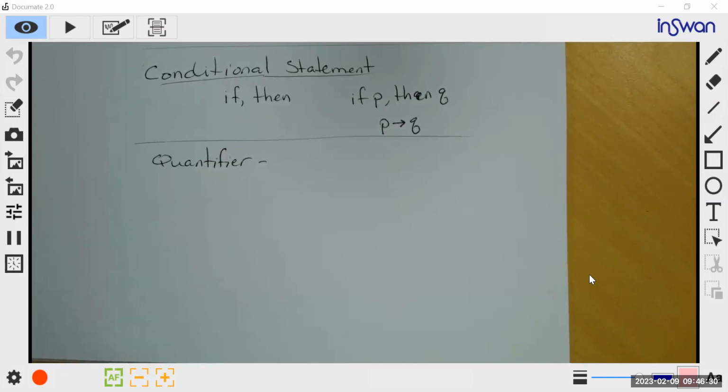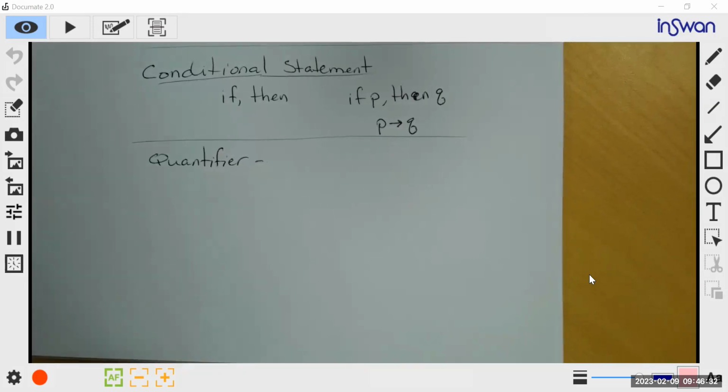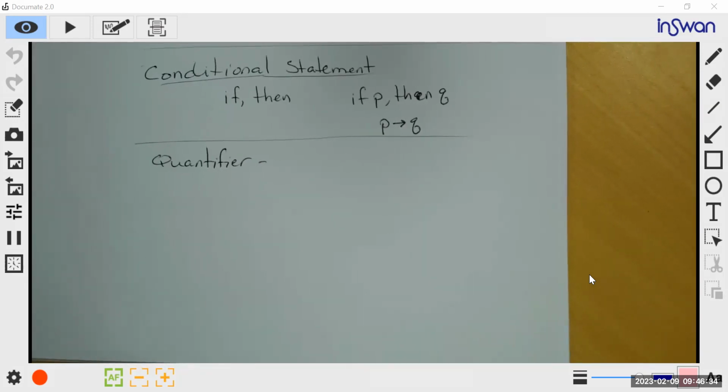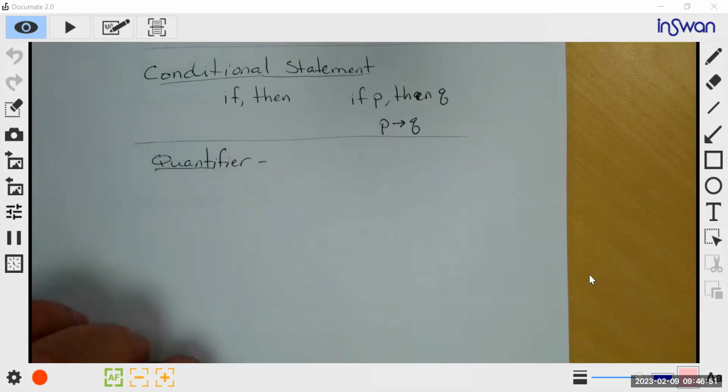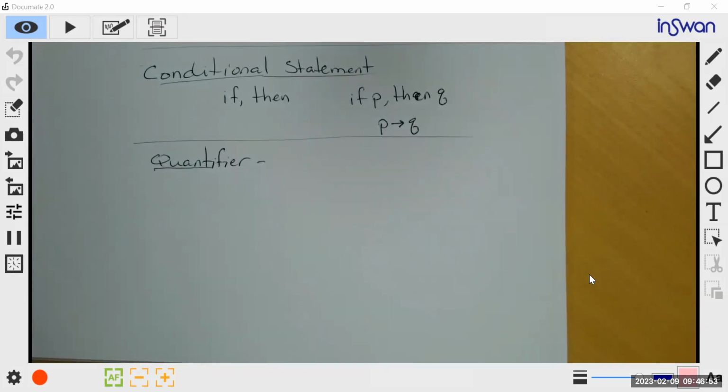So what's a quantifier? What do you think quantify means? When you quantify something. Can you think of another word that sounds like that?